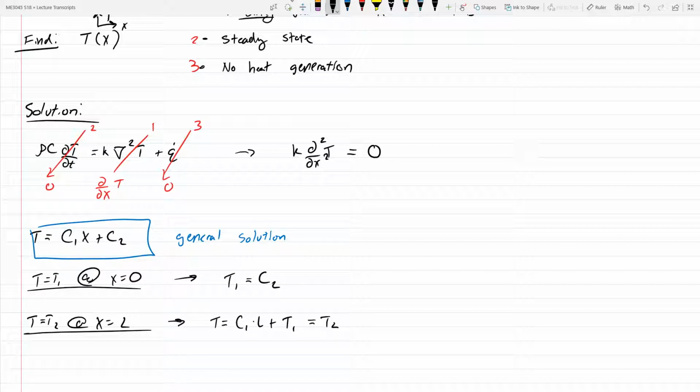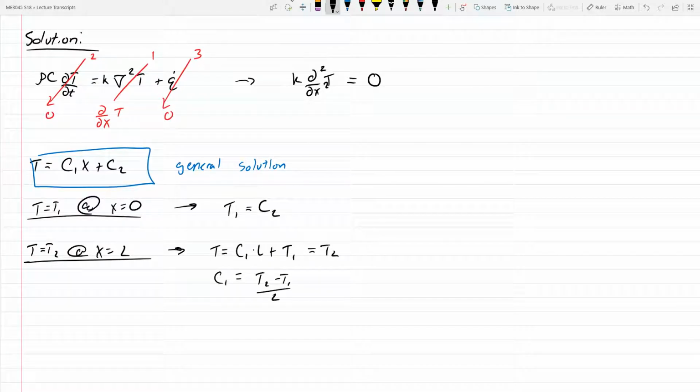If we solve for C1, we'll get C1 is equal to T2 minus T1 over L. And so our specific solution here, if we plug in C1 and C2 now, just becomes T2 minus T1 over L times x plus T1.